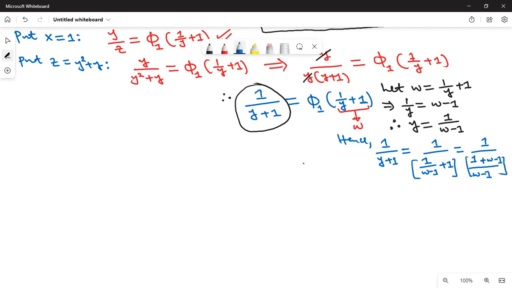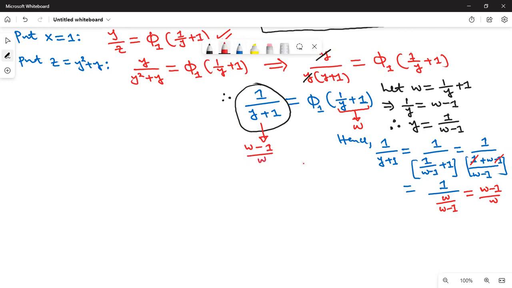I'm combining these two into one fraction, which you can also write as 1 in the numerator, denominator, the 1 will cancel. You see the positive 1 and the negative 1 will cancel. So we have w over w minus 1, which you can write as w minus 1 over w. So we have found this in terms of w to be w minus 1 over w.